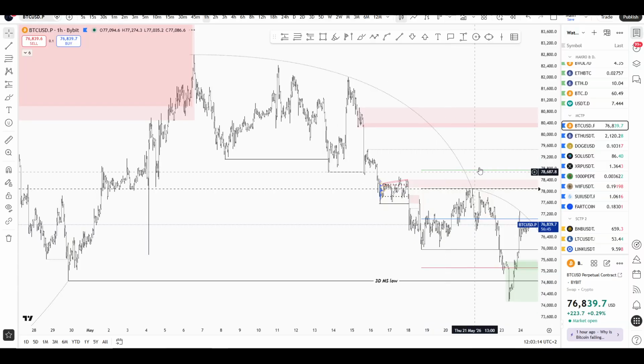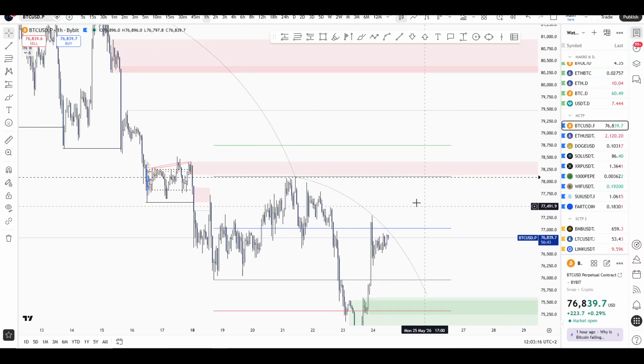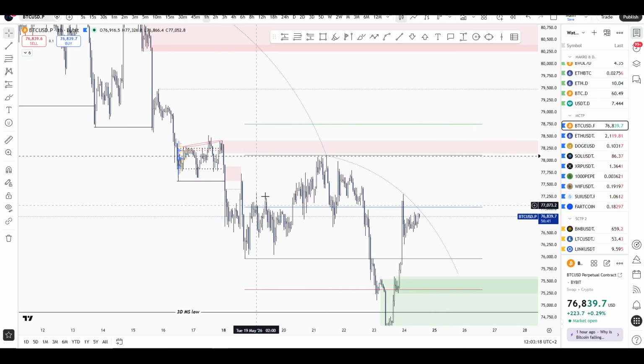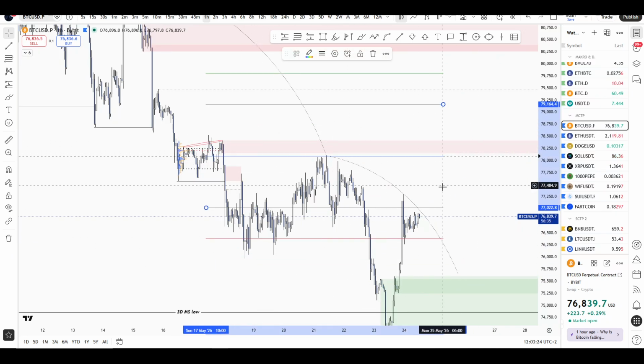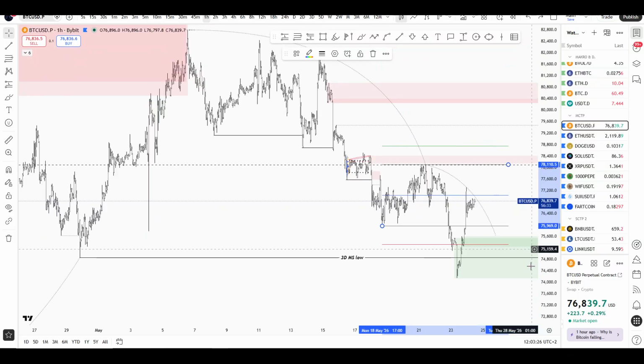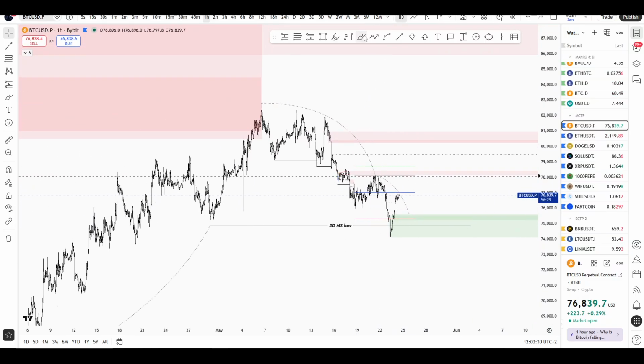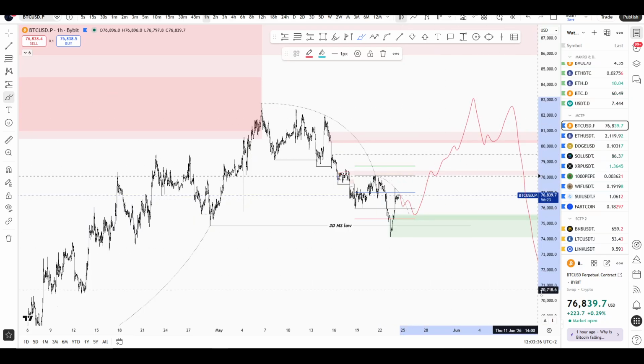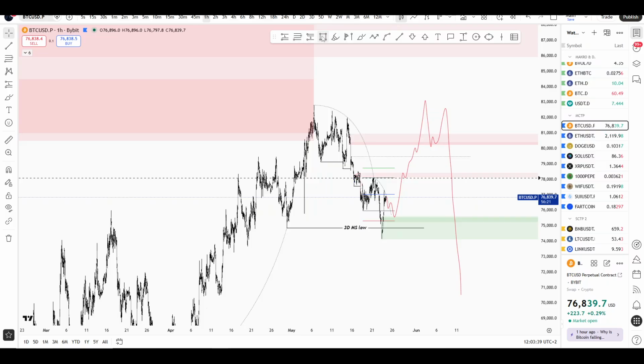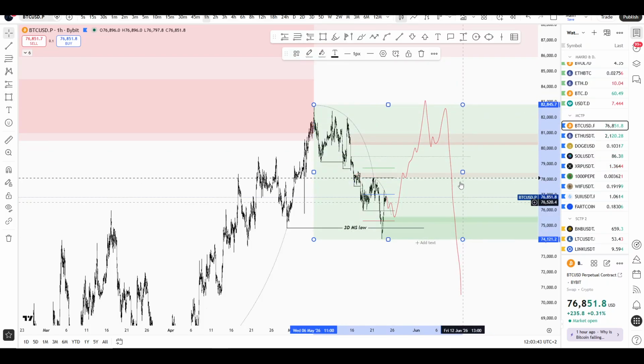As I said on the last video, I was looking for some sort of a distribution that could form the high of a potential accumulation, and this accumulation could push price higher to properly distribute after that and create a bigger range like this, for example.